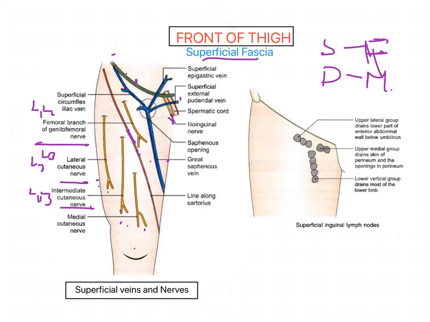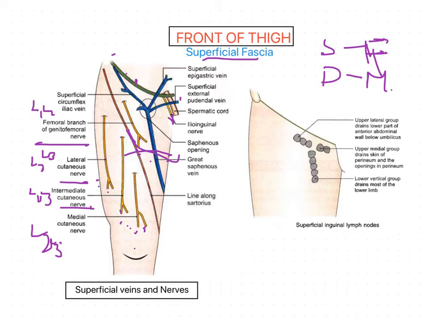And coming to the medial cutaneous nerve of thigh, which is also L2 and L3. This one is the anterior division of the femoral nerve, and it supplies the skin on the medial side of the lower 2/3 of the thigh. So the lower 2/3 of the thigh is supplied by the medial cutaneous nerve.